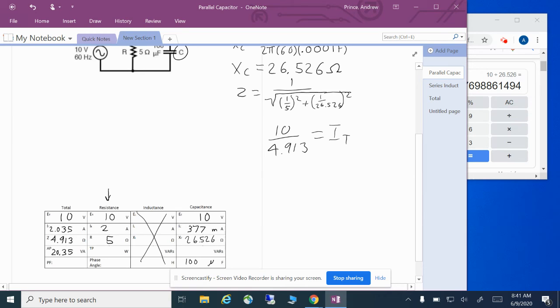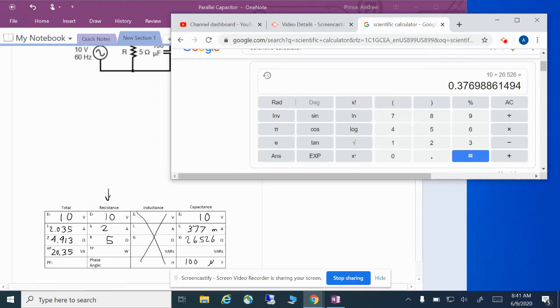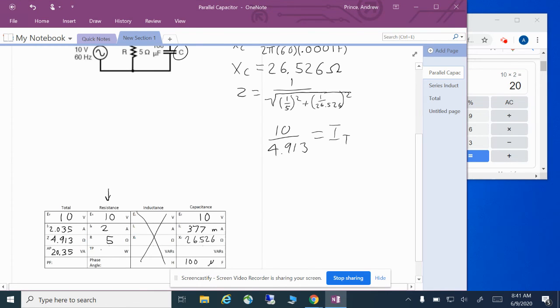All right, now we can solve for our power in each of those categories as well. So going again back to our resistance category, 10 times 2 should give me my true power, my voltage times my current. So I've got 20 watts.